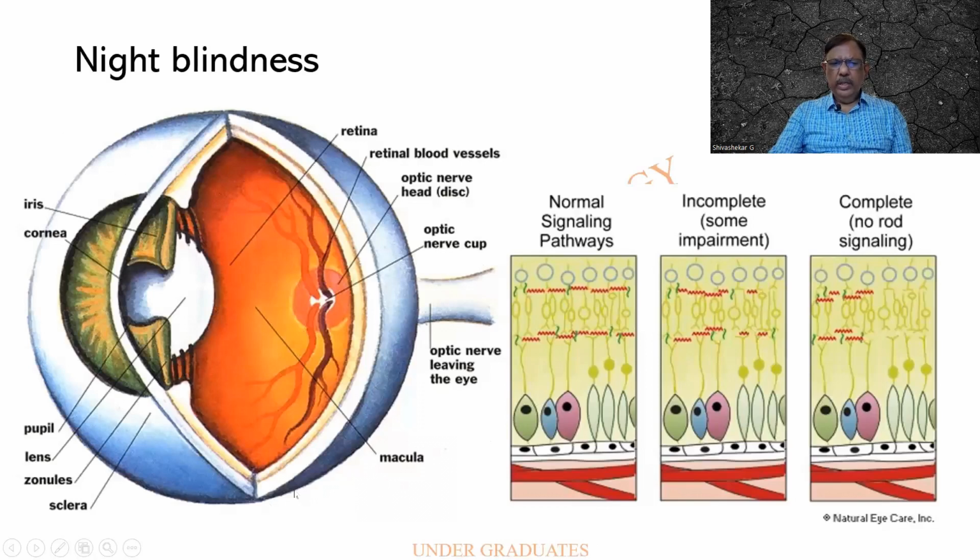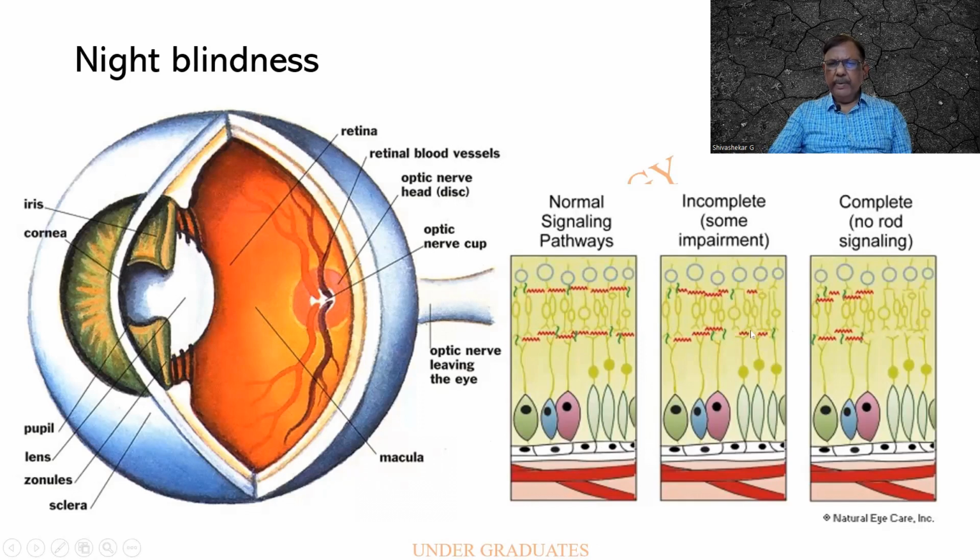Again, go through the various components of the eyeball. The cornea, sclera, the iris, the retina over here, then the optic cup, the optic nerve, etc. But what is important to me in this class is there are normal signaling pathways. There is something called rods and cones. Now this can be incomplete.